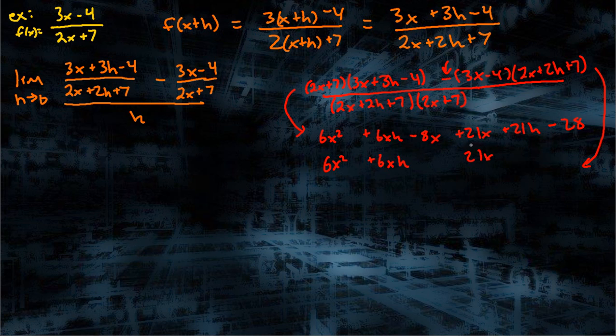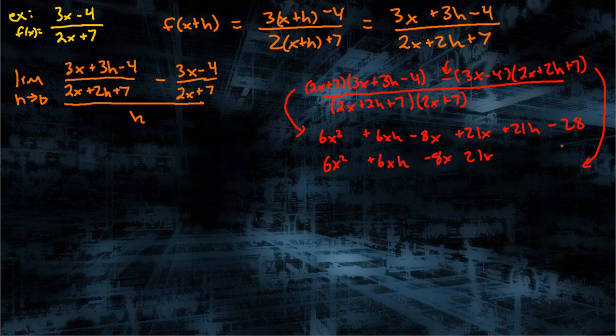Notice I'm lining it up with this thing right here. This will be minus 8x. See, I'm just lining it up. Minus 8h. Do I have an 8h somewhere?